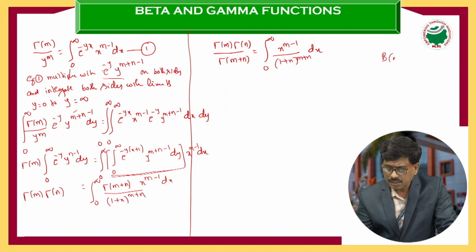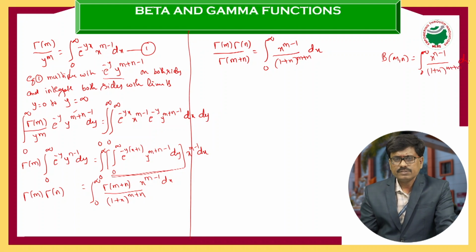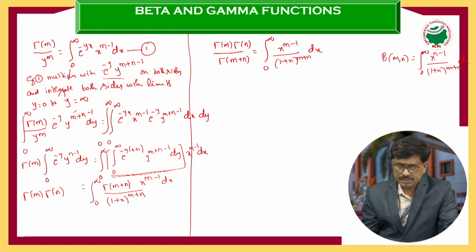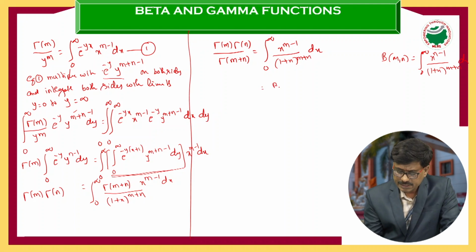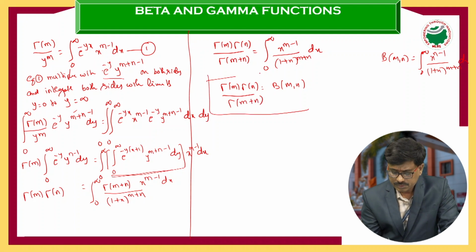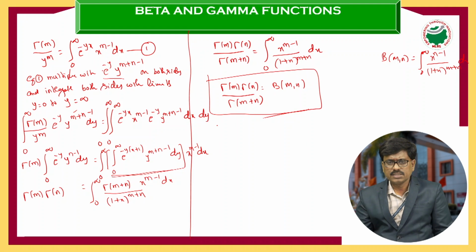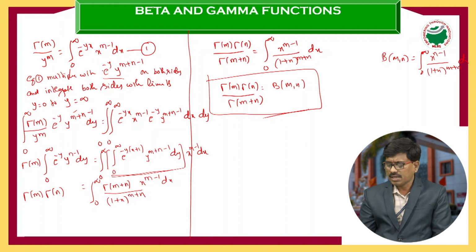Already we know beta of m comma n equals integral 0 to infinity x power n minus 1 by 1 plus x whole power m plus n into dx, which is an integral form of the beta function. Now, this left hand side becomes beta of m comma n. Therefore, gamma n divided by gamma of m plus n. Now, we proved the result about the relation between beta and gamma.